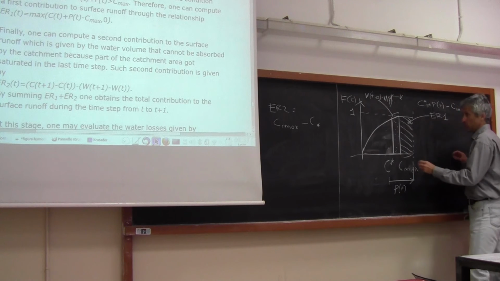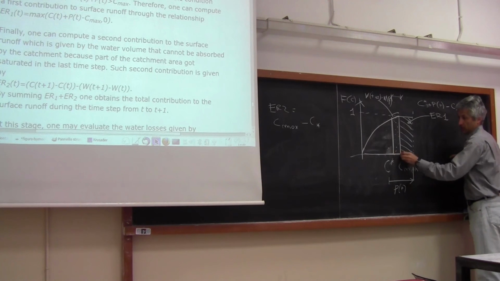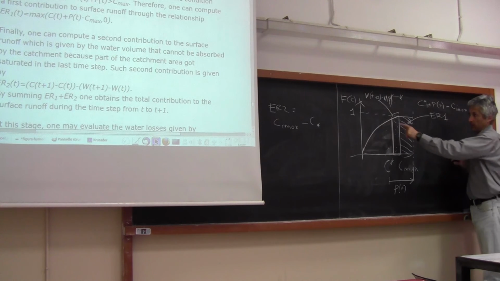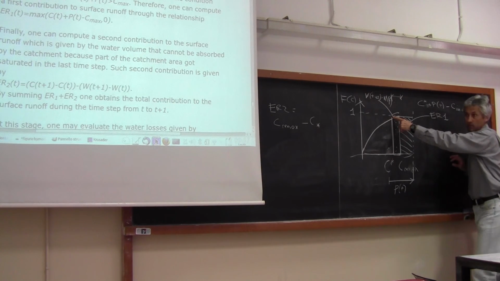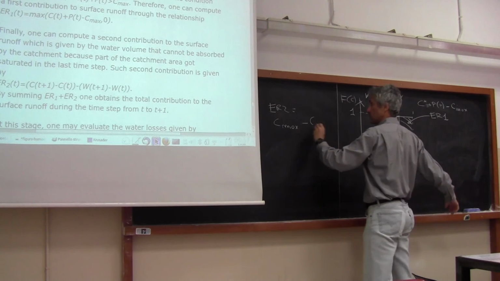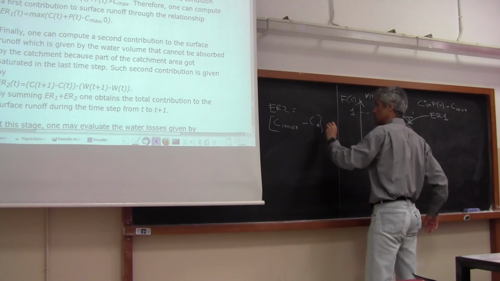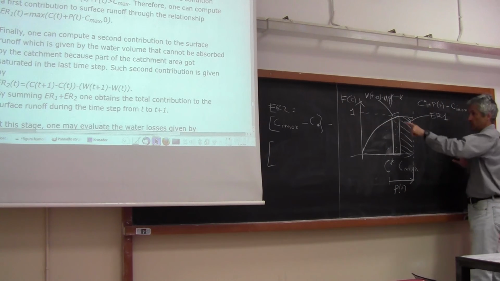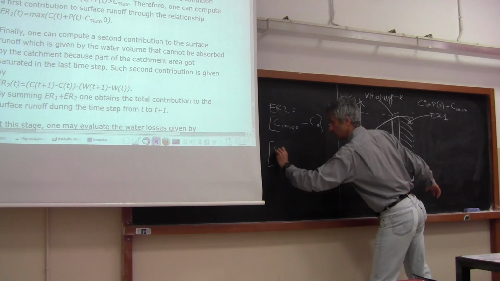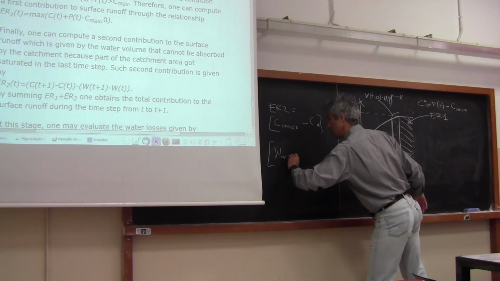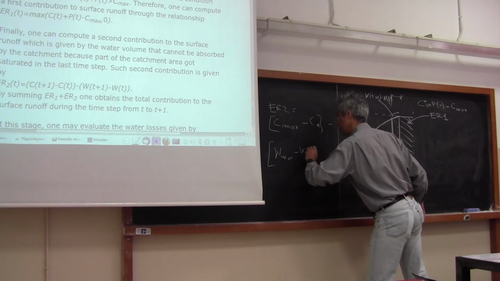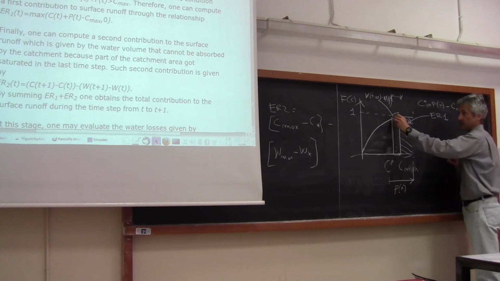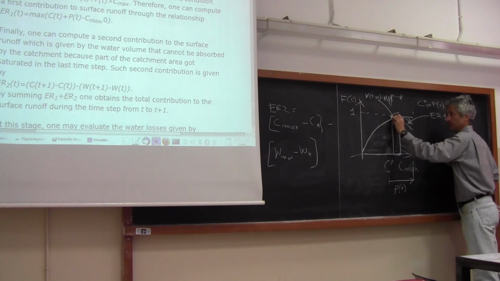Okay, so basically what you get is this difference here. And then you have some storage above here. So basically you have to compute this one minus the difference in storage, and the difference in storage is basically W max minus W star. And by doing that, I subtracted this area here.